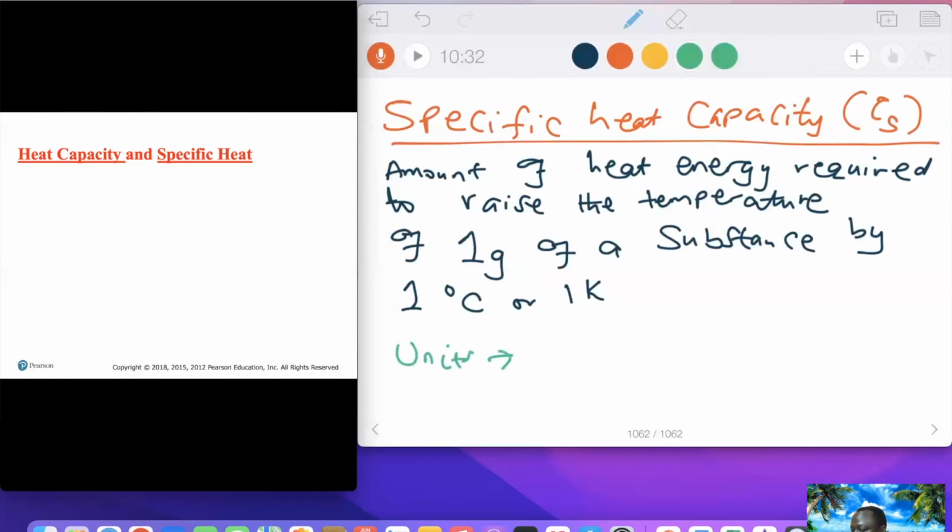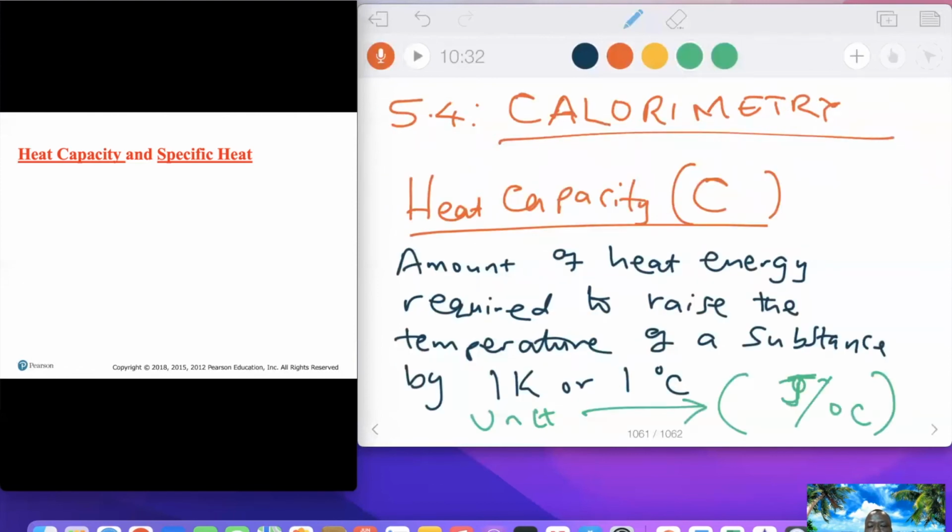This is joules, and the units are per gram times degrees Celsius. So you should be able to define the heat capacity. We don't specify the amount of substance in defining the heat capacity, so long as we can raise it by 1 degree Celsius.